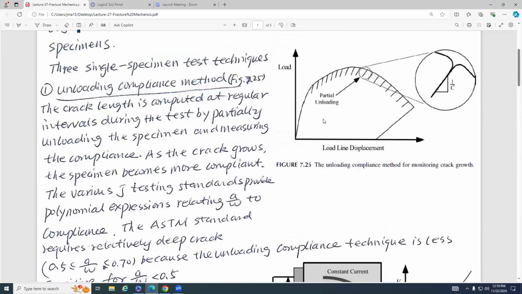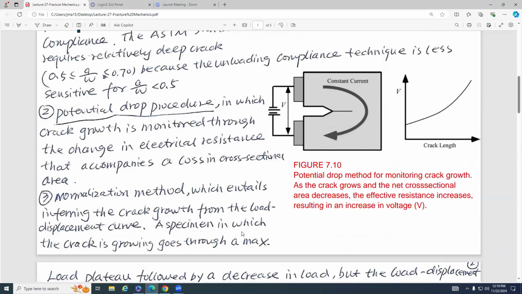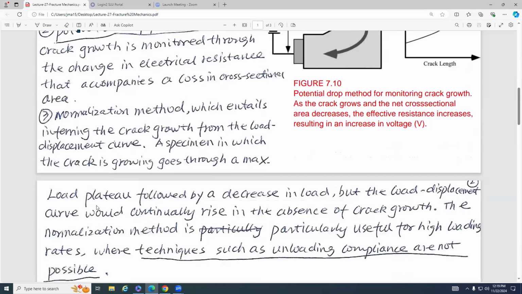A specimen in which the crack is growing goes through a max load plateau followed by a decrease in load, but the load displacement curve would continuously rise in the absence of crack growth. Right? The normalization method is particularly useful for high loading rates and where techniques such as unloading compliance are not possible.